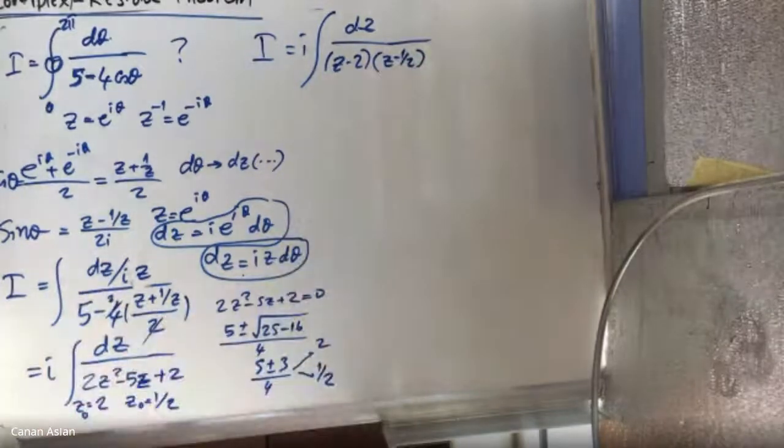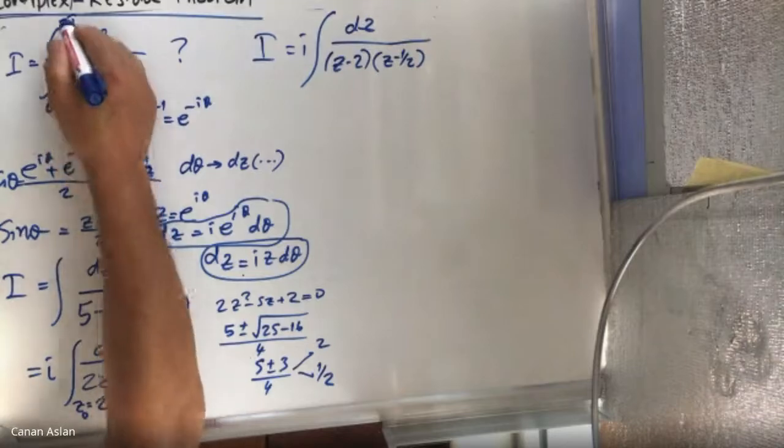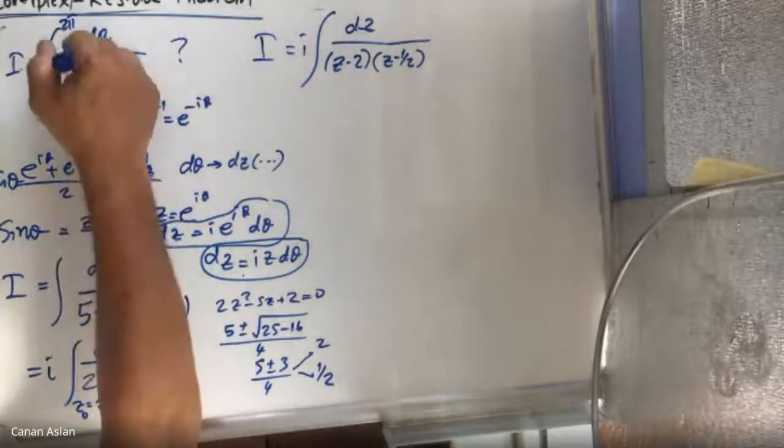Now we have to be really careful. The angle is going from 0 to 2 pi. And what about the radius of this thing?